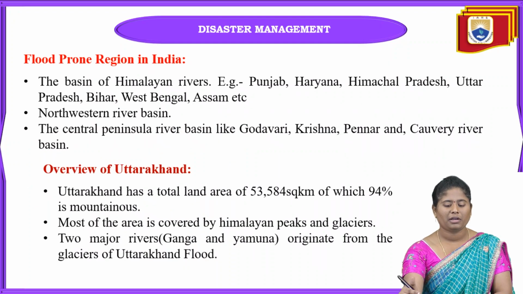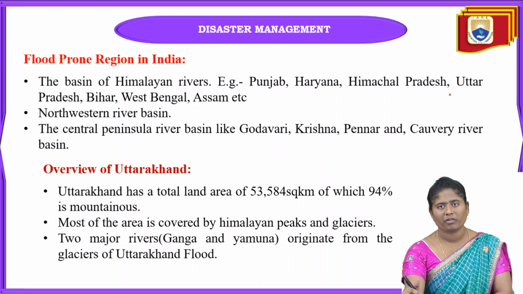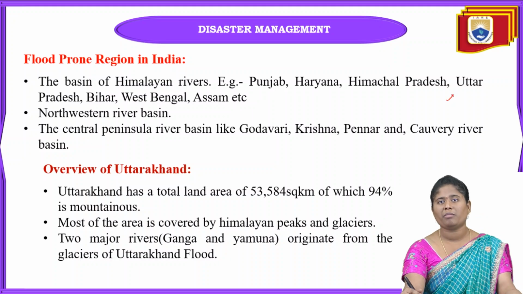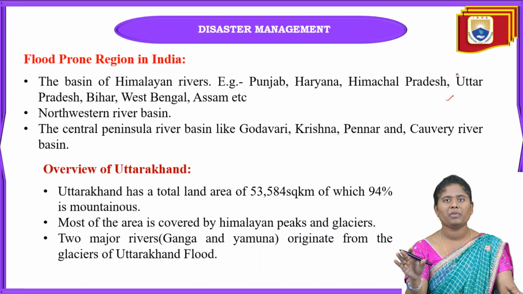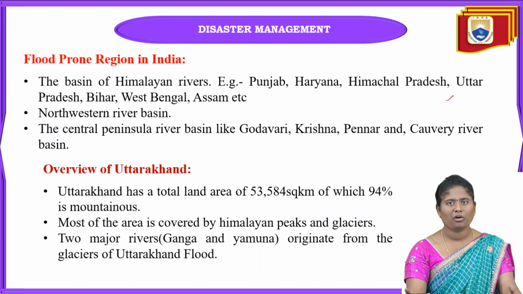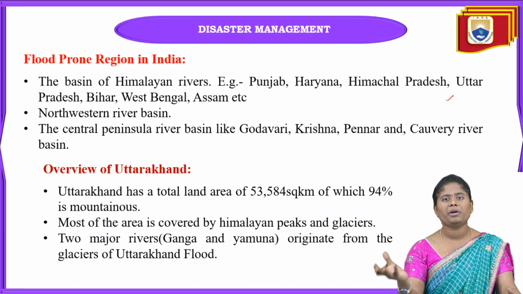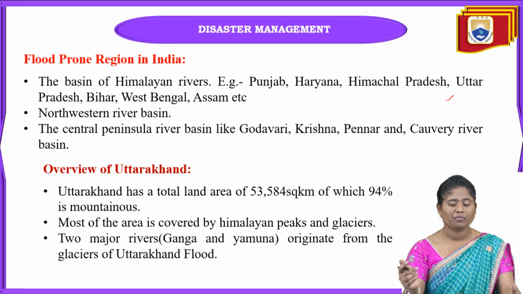Okay, and coming to the next topic, that is flood prone regions in India. What are the different states which are called flood prone regions in our India? In the basin of the Himalayan region, nearer to the Himalayan regions, that overall region is flood prone. Because in the summer season when the Himalayas melt, automatically that will cause floods.